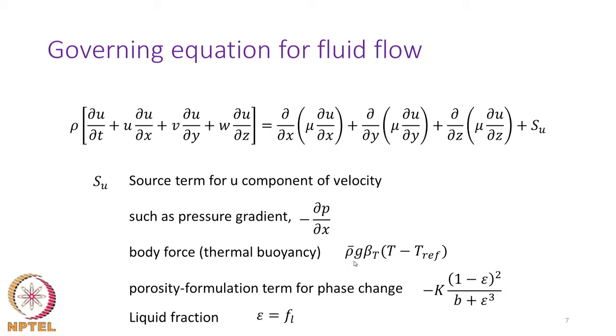So, one example is given here for the thermal buoyancy, rho bar the average density, g beta T, where beta is the expansion coefficient, and then T minus T ref, where the T ref is the reference temperature, normally chosen as the melting point. So, we have the body force terms coming in as part of the source term SU, and we also have, for example, source terms coming to handle the change of the phase from liquid to solid.